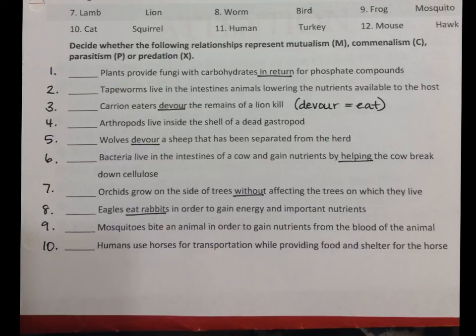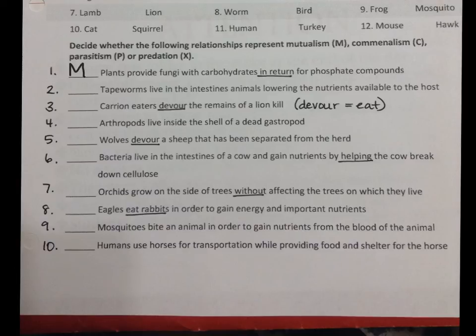All right, so let's look at number 1. Plants provide fungi with carbohydrates in return for phosphate compounds. So, class, whenever you see the words in return, it is always mutualism. So on number 1, you're going to write M for mutualism.